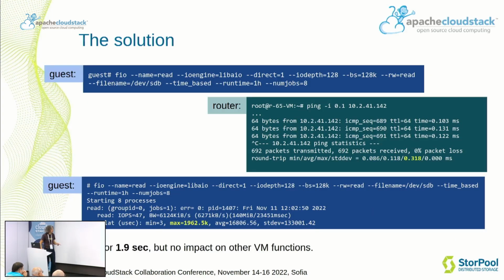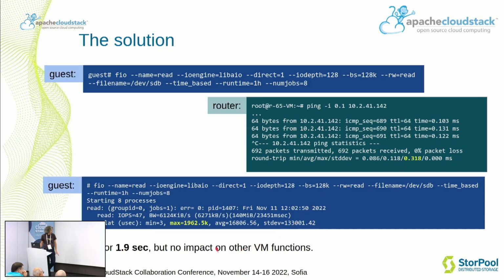Exactly the same test with iothread enabled: we run the same load in the virtual machine, and we can see here there are no stalls in the network traffic. 0.3 millisecond is the maximum delay of the network. So there is no impact on the network traffic.